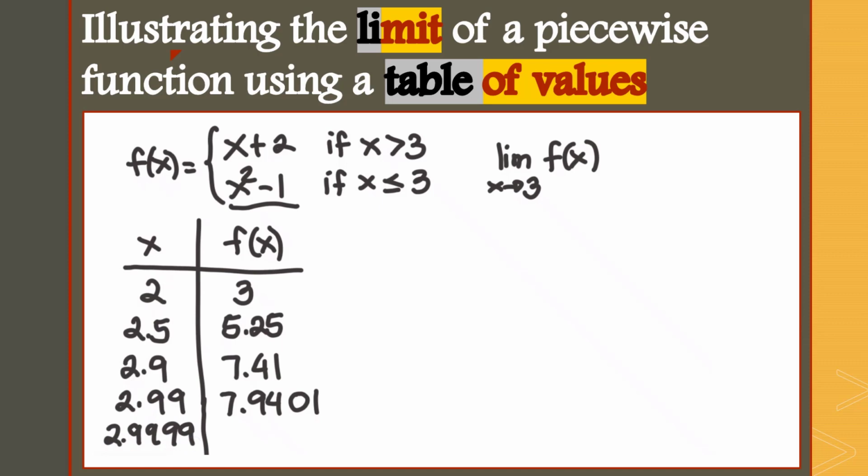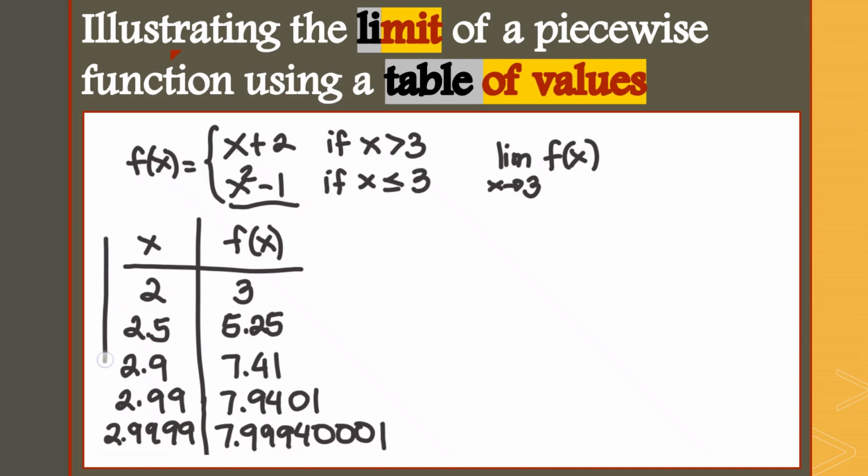If we have the last number, let's say 2.9999, 2.9999 times itself is equal to 8.9994001, minus 1. You will have 7.9994001. So this is already okay.